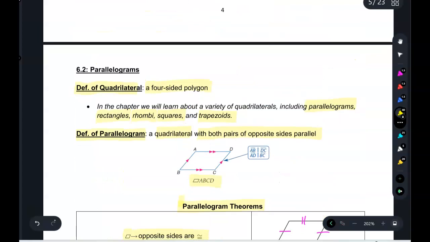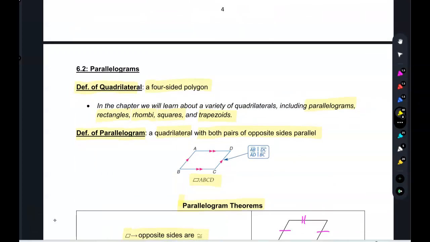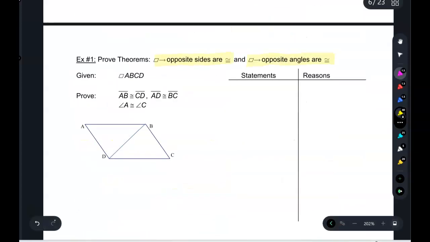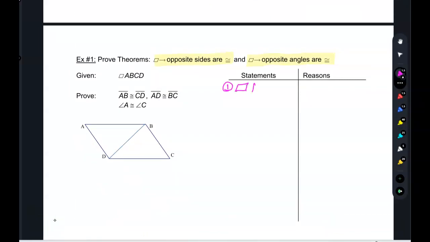Now, the only thing that we can start with is the definition. So if we have a parallelogram, what can we say? If I know I have parallelogram ABCD, the opposite sides are, well, that's what we're trying to prove. Parallel.